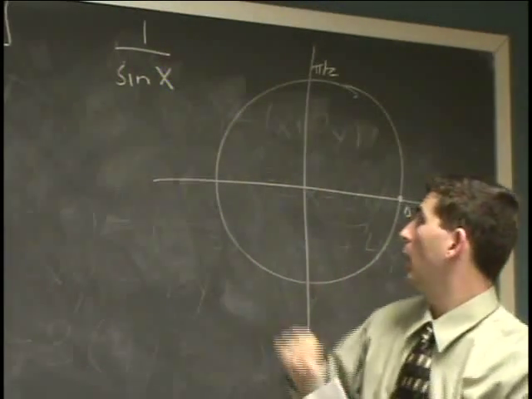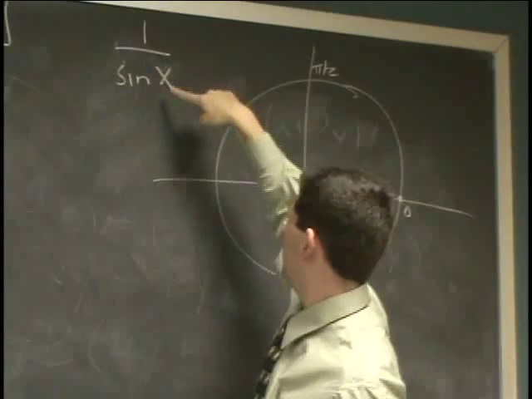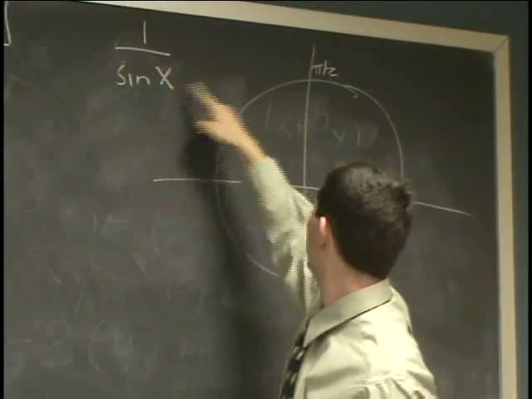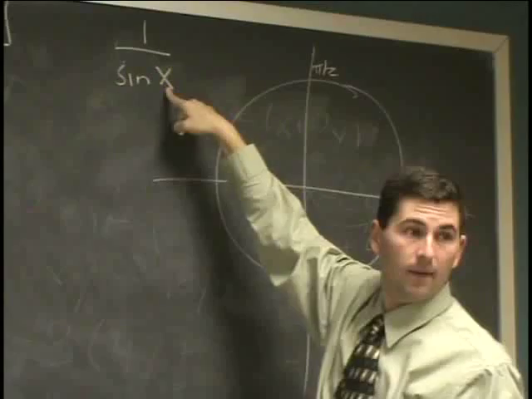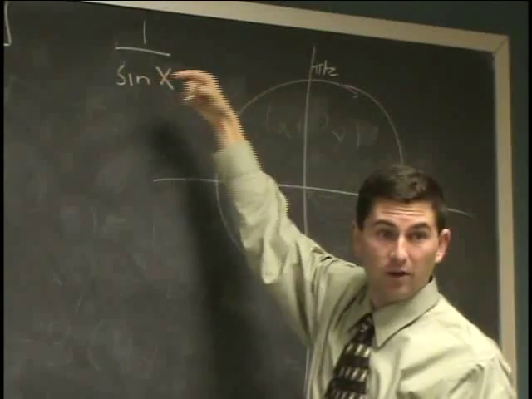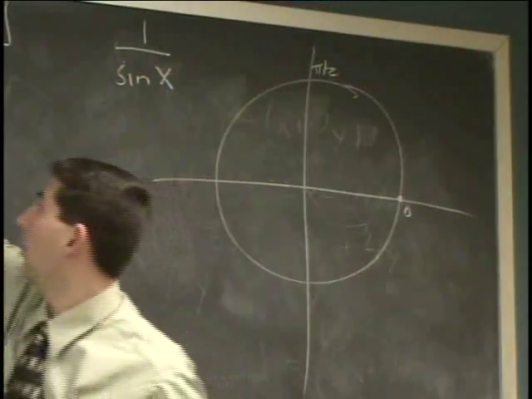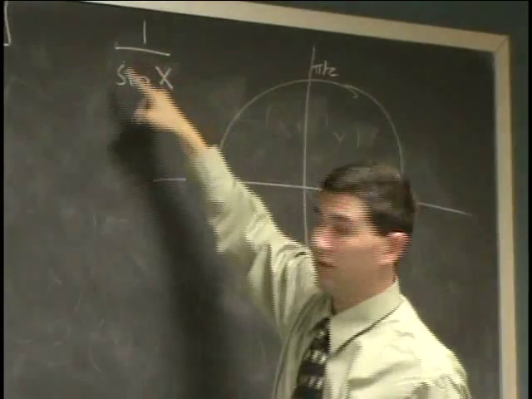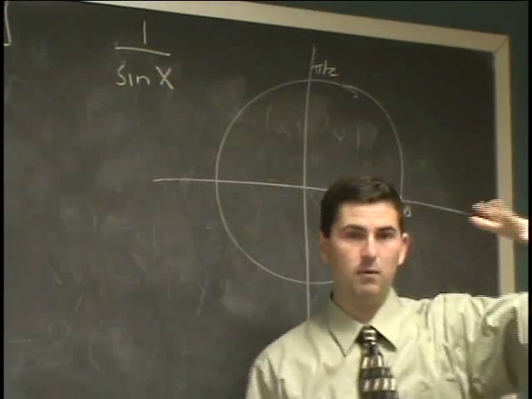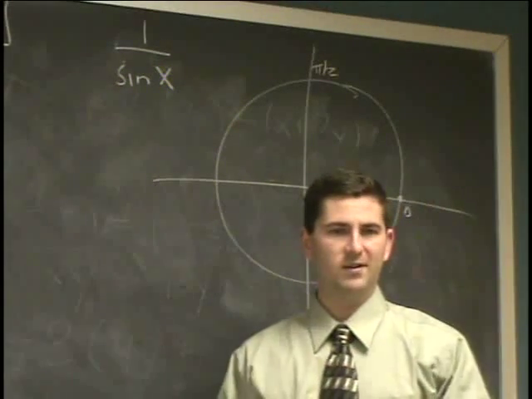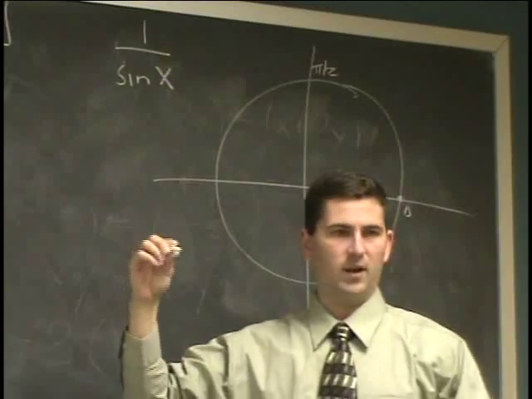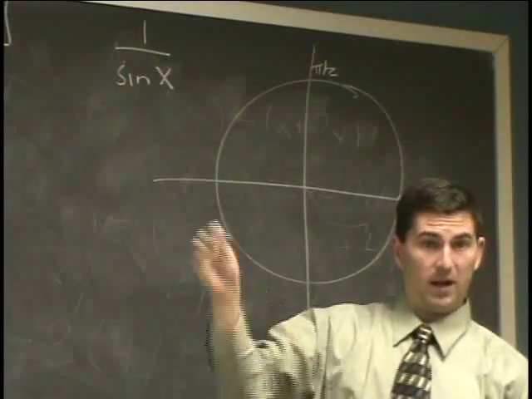Well, when x is pi over 2, you get 1. And then as it goes to 0, sine of x goes to 0, so it approaches 1 over 0. What is 1 over 0 approaching? As the denominator gets really small, what happens to the fraction?